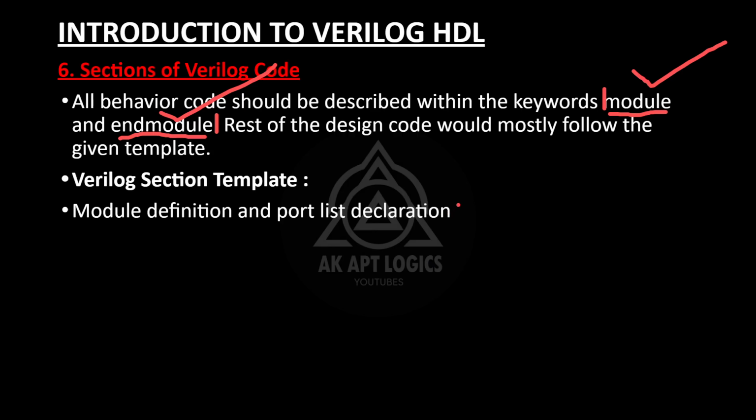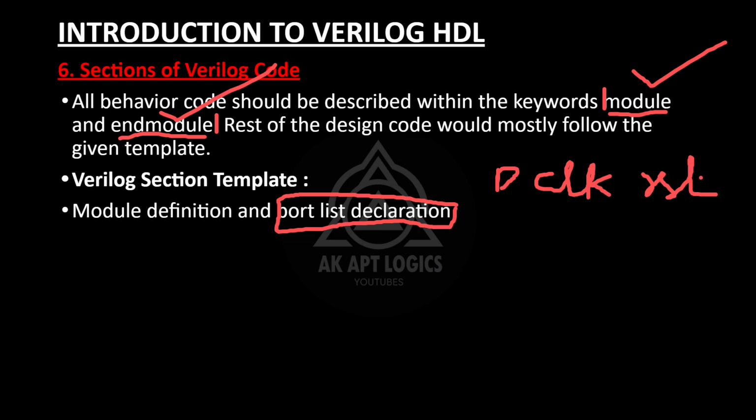Port declaration, in the sense, we have some inputs and outputs, right? When we take a D flip flop, the D will be input, clock will be input, and reset will be input. And the output will be Q. So we have to declare this.